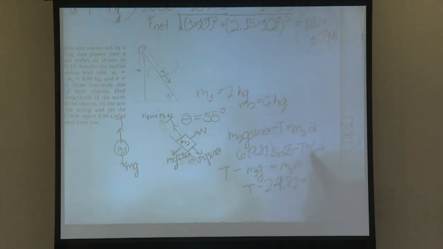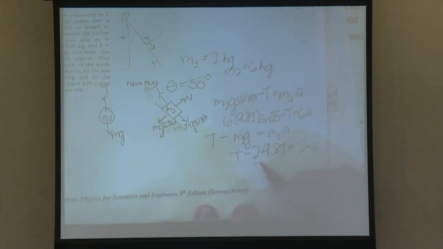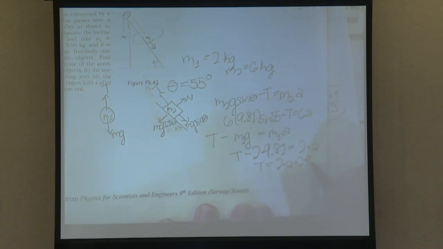So using these two formulas, you can say that T is equal to 2 times a plus 2 times 9.81, and then plug in for T in this formula.